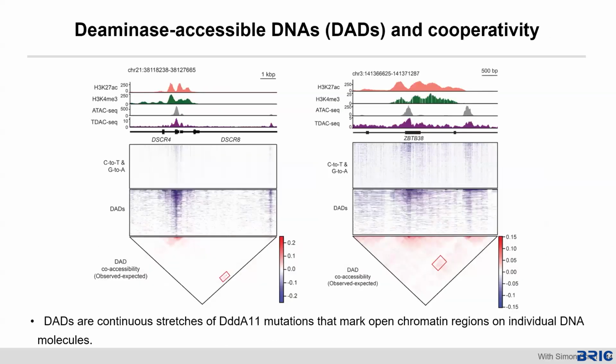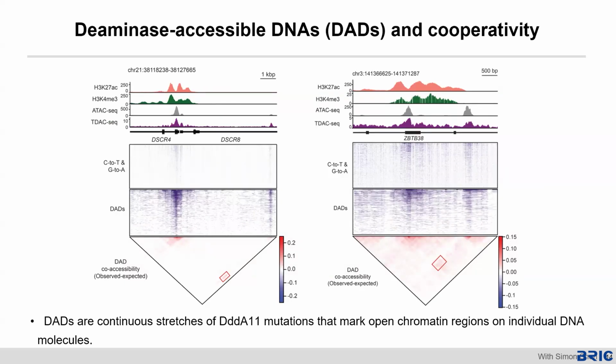Because TDAC-seq profiles chromatin accessibility across long single DNA molecules, we next asked whether we could reveal correlations between two distal accessible sites. To do so, first we defined the deaminase accessible DNAs, which we call DADs for short, as continuous stretches of DddA11 mutations that mark open chromatin regions on individual DNA molecules.